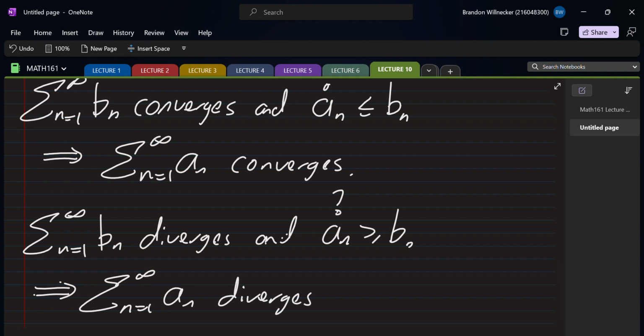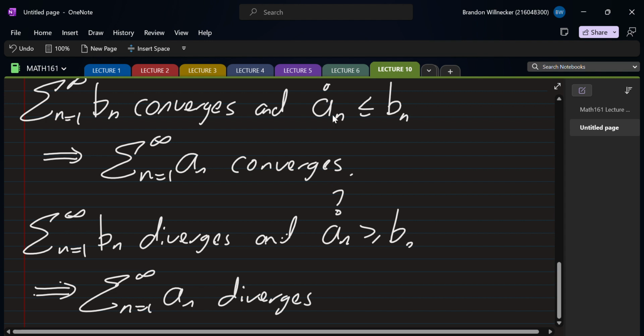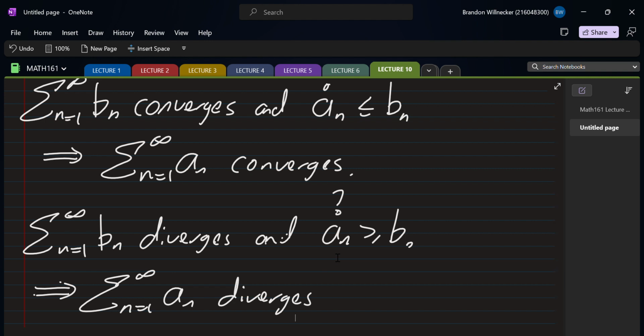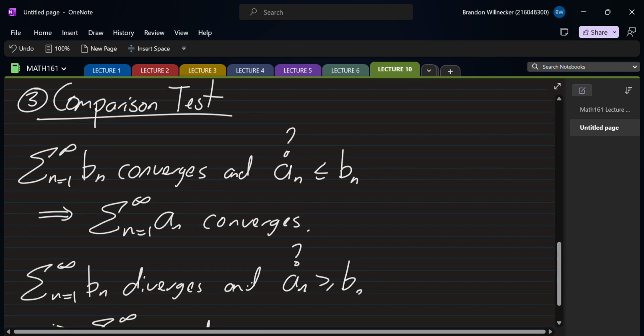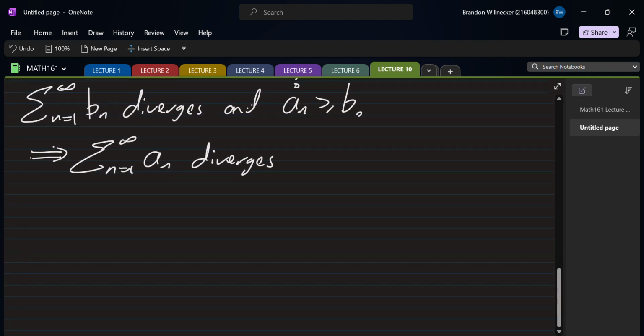Okay, so to summarize, if the unknown one is smaller than a convergent series, it converges. If the unknown series is bigger than a divergent series, then it diverges. Okay, so that's just a summary of what these two mean. Okay, so that is the comparison test.